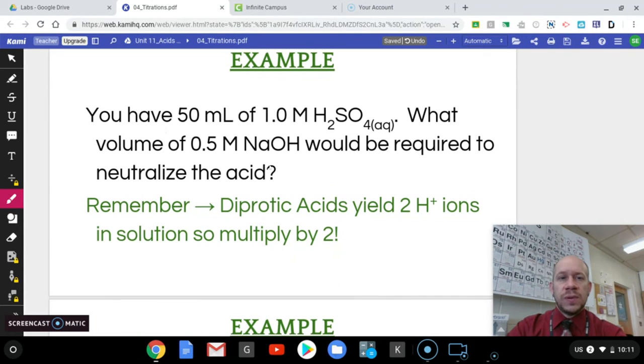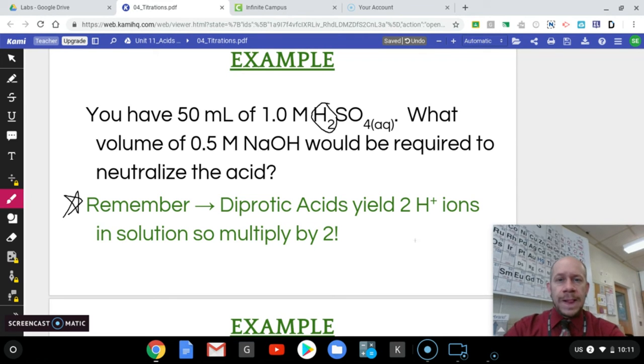So for example, if you have 50 mL of 1 molar H2SO4, what volume of 0.5 molar NaOH would be required to neutralize the acid? So remember, diprotic acids yield 2 hydrogens in solution, so multiply by 2. So here is my diprotic acid. I would follow the same formula, except I would multiply the acid side by 2.